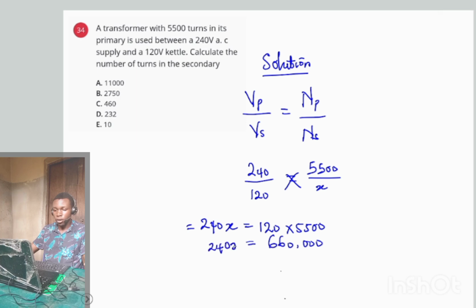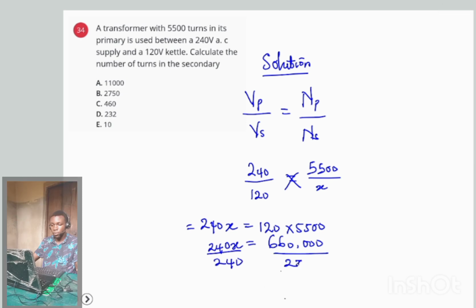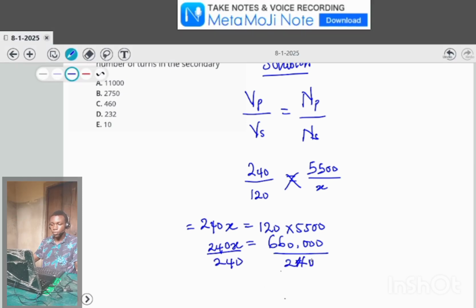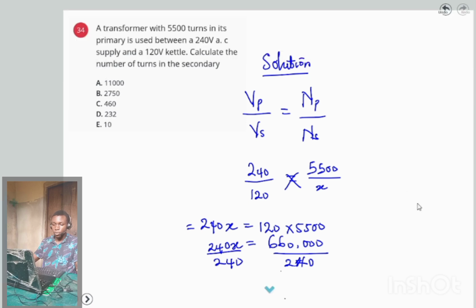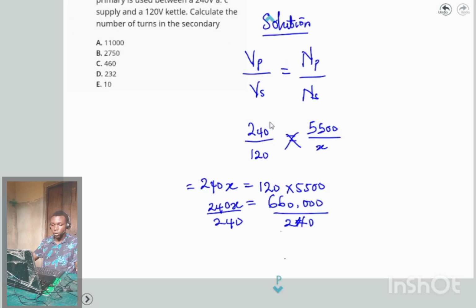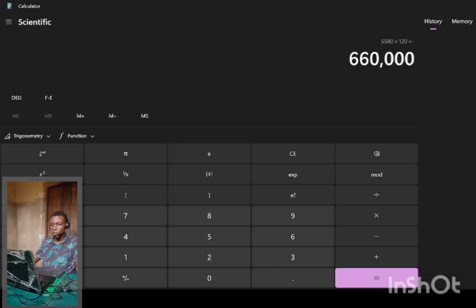In order to find out the value of x, you'll be dividing through by 240. So 240 cancels 240, leaving you with just x, and x is equal to 660,000 divided by 240, which will definitely give you an answer in the options.